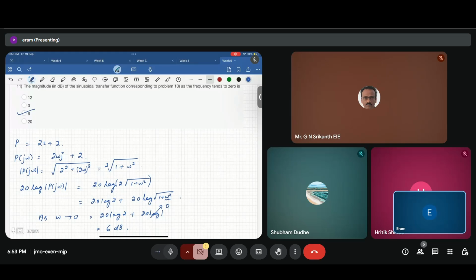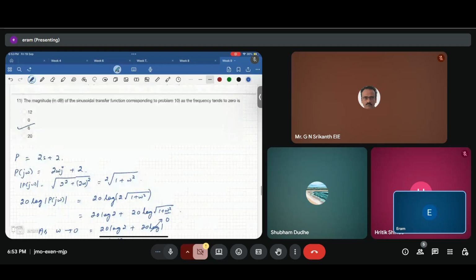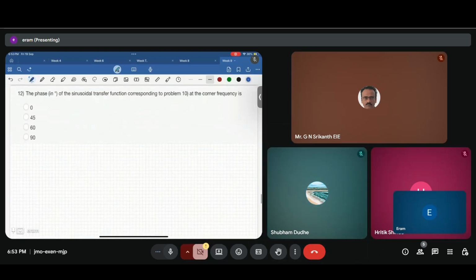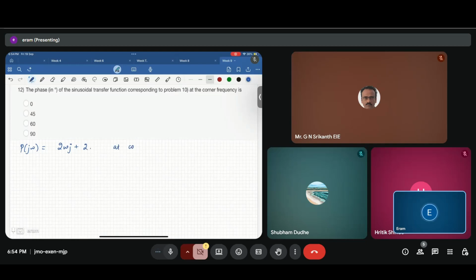Any doubt? Okay, similarly, find out the phase for this transfer function at the corner frequency. So it was 2 omega j plus 2. Calculate the phase of this transfer function at corner frequency.